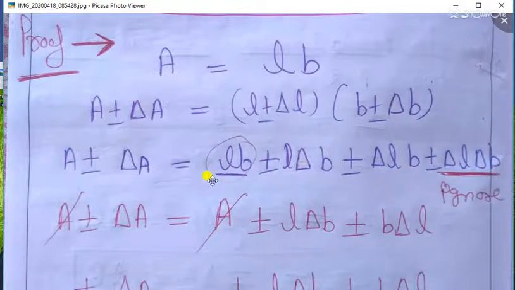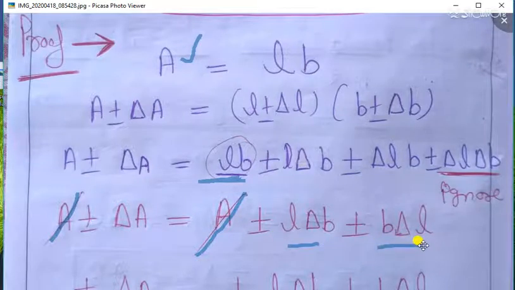L into B is A, so A will get cancelled out, and we are left with plus minus L delta B plus minus B delta L. I hope this is clear.